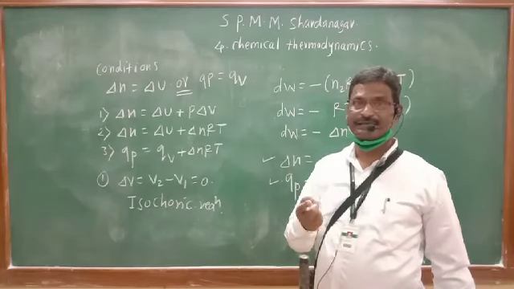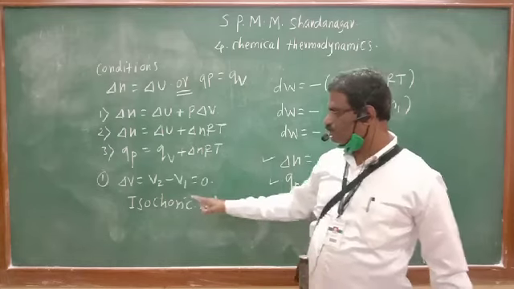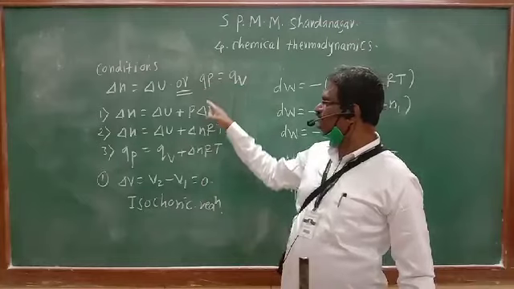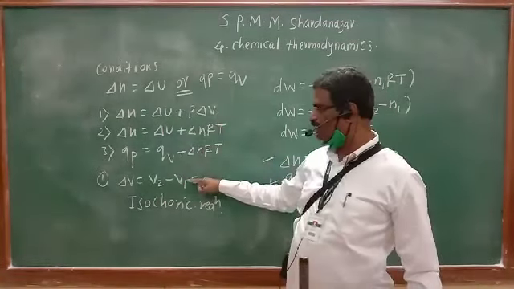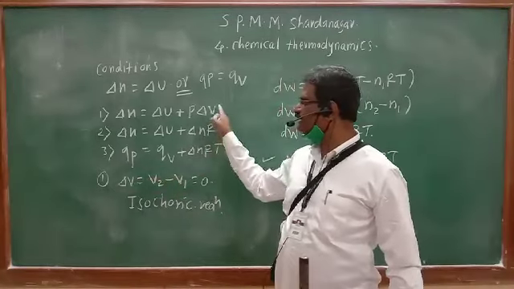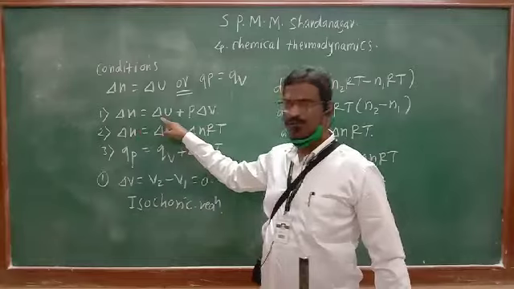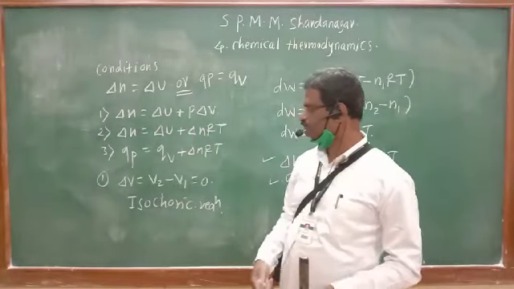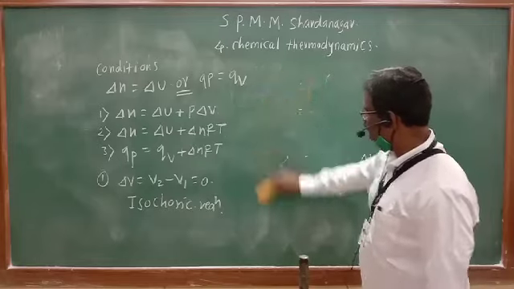Isochoric processes are carried out at constant volume. So here for isochoric processes, change in volume is 0. Means initial volume is equal to final volume. Delta V is 0. This factor becomes 0 and delta H is equal to delta U. First condition.